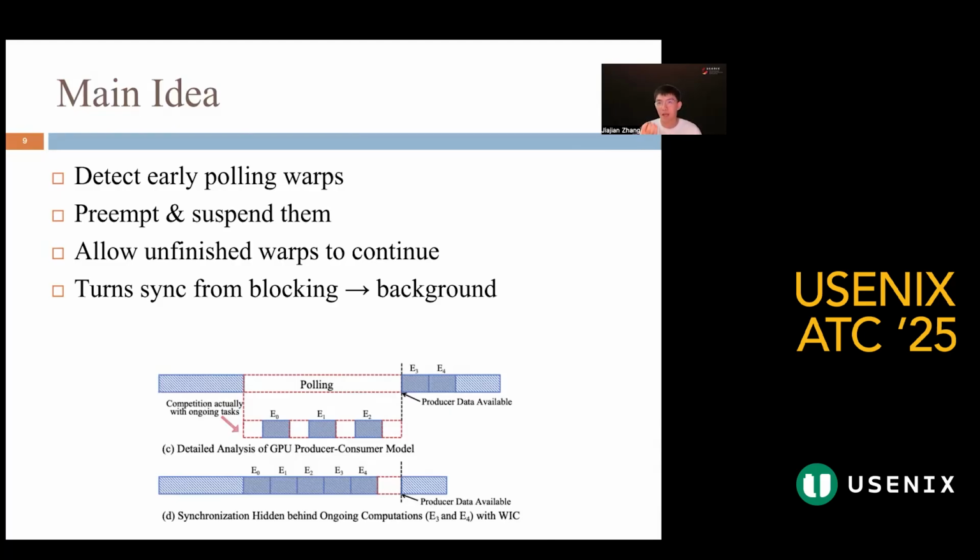When it detects that a warp is spinning too early, it preempts it, stalling the warp and allowing other unfinished computations like E3 and E4 to run first. Once the data from the producer is finally ready, WIC resumes the stalled warp. In short, we turn synchronization from a blocking behavior into a background one, hiding synchronization behind the computation.